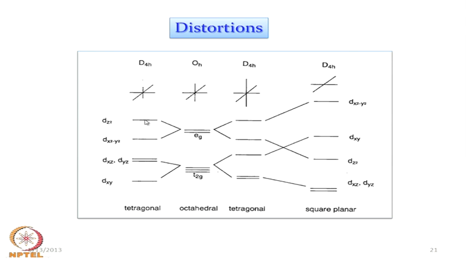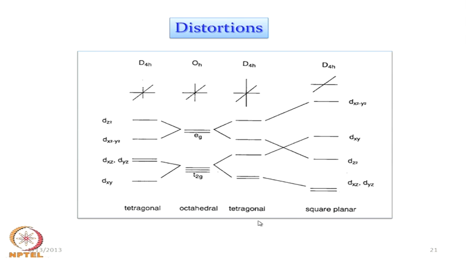That is why dz square is mostly destabilized in tetragonal compression, whereas dz square is stabilized in square planar geometry. Similarly, this dx square minus y square is comparatively stabilized compared to dz square, which was mostly destabilized in the case of the square planar geometry.